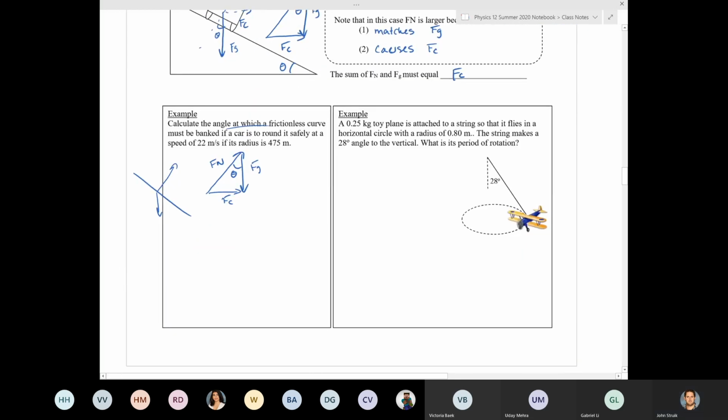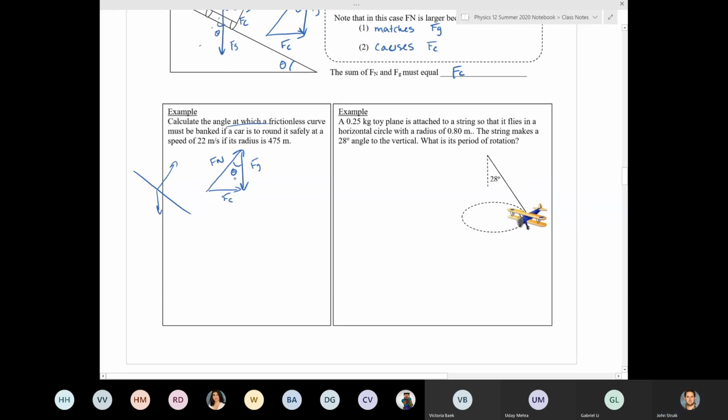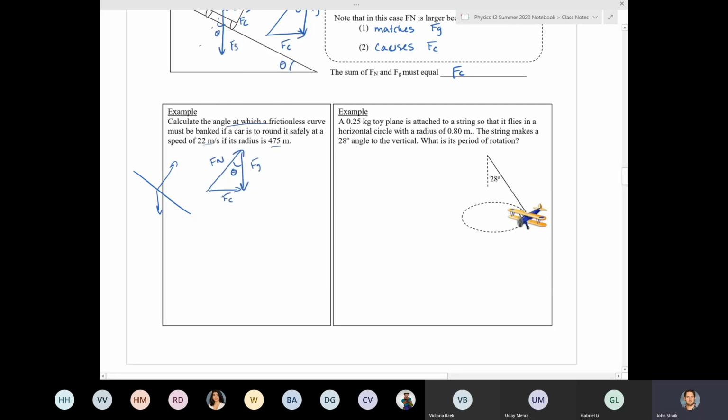Now, in this case, because we have our speed and radius, we can find our FC. We're able to find our FC because we have v and r, but we don't have mass.